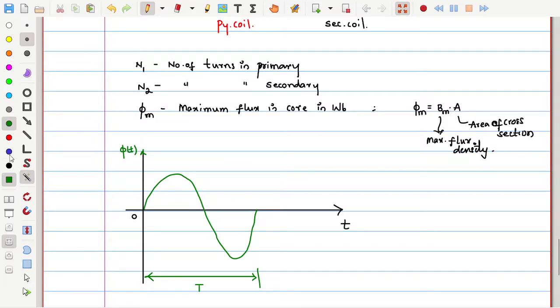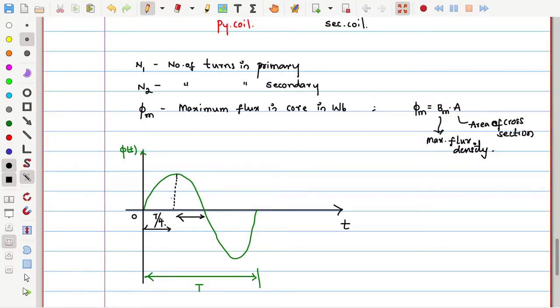Now try to observe this flux is reaching the maximum value within 1/4 of the time interval. Let us say this is T by 4 interval. Next, this is T by 4 interval, half interval up to this half cycle, and the remaining half cycle like that.